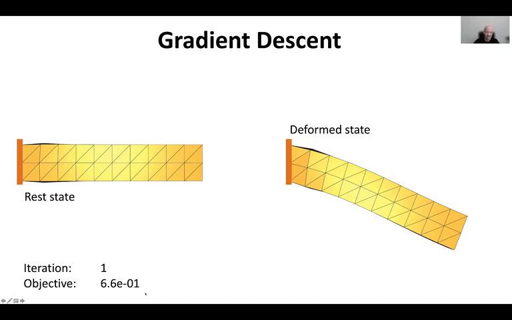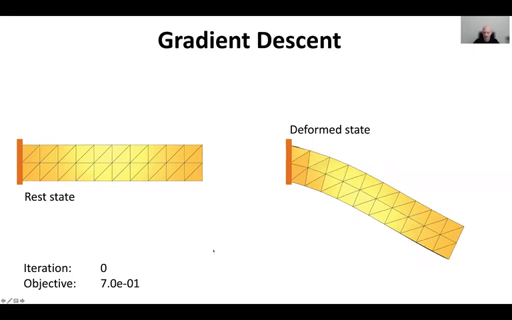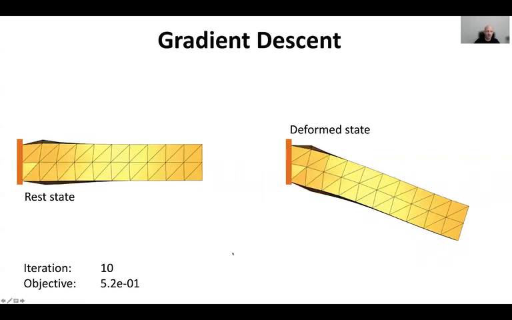It's 6.6 times 10 to the minus 1, but it's really not very different from the initial target objective value. So if we take another 9 steps, after 10 iterations of gradient descent, well, we can see a trend here. The bar straightens out somewhat, but the rest state also bulges out.